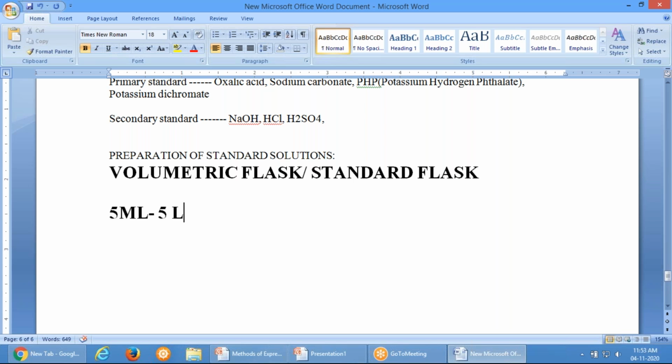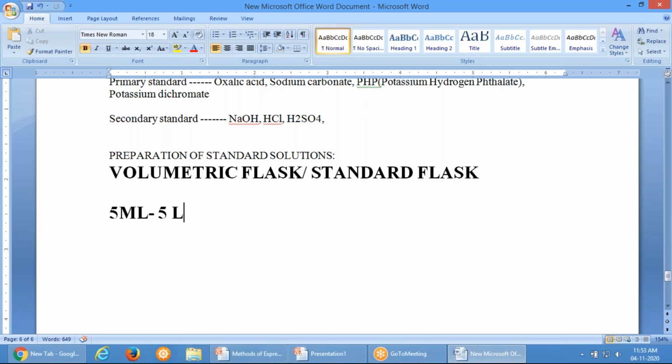So we have 5 ml, 10 ml, 20 ml, 25 ml, 50 ml, 100 ml, 200 ml, 250 ml, 500 ml, 1 liter, 2 liters, 2.5 liters, 5 liters. So depending on what quantity of solution you need to prepare, you can use the particular volumetric flask for preparation of standard solutions.